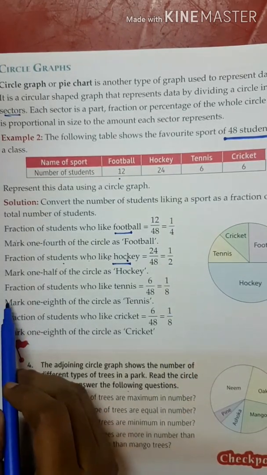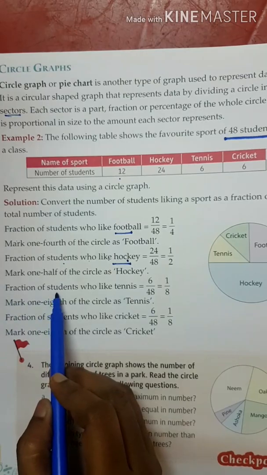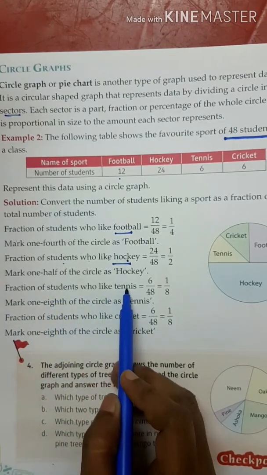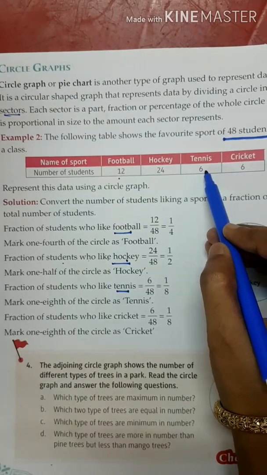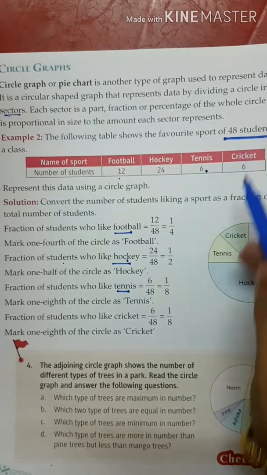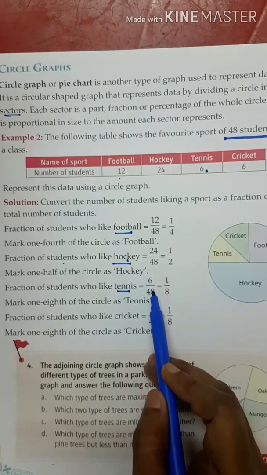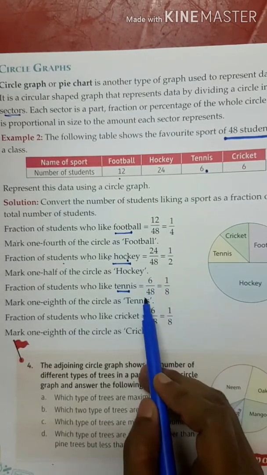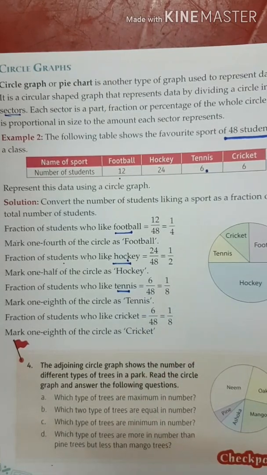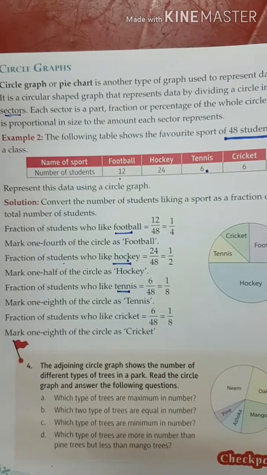Now fraction of students who like tennis. Yes, number of students who like tennis is 6 and total number of students is 48. So I am just dividing 6 by 48. If you simplify this, 6 ones are 6, 6 eights are 48. So I am getting the fraction as 1 by 8.